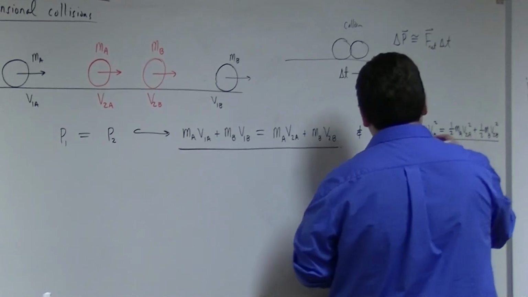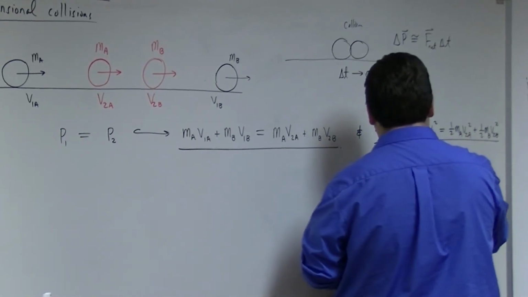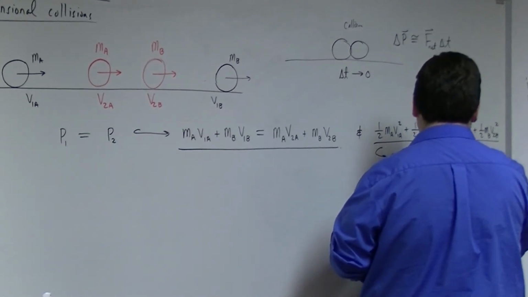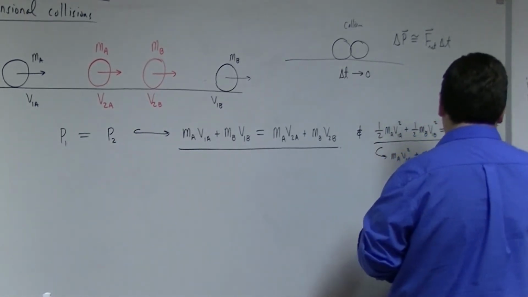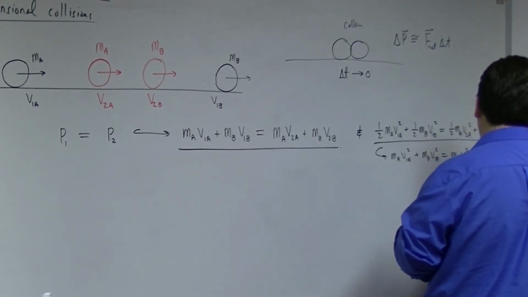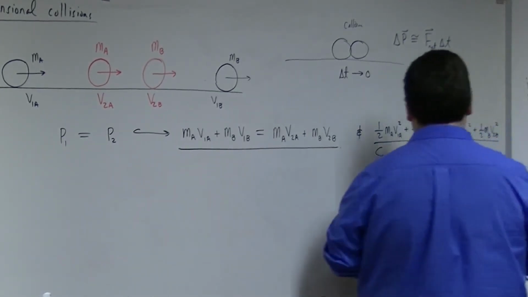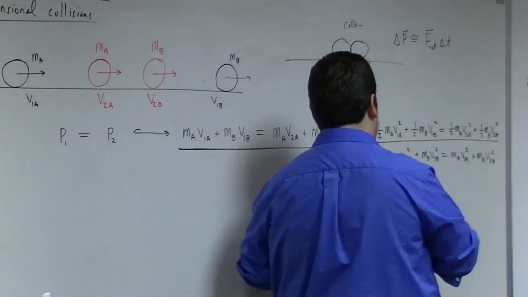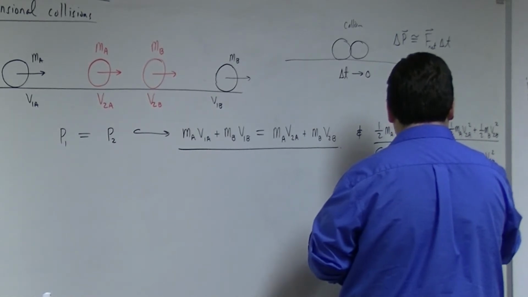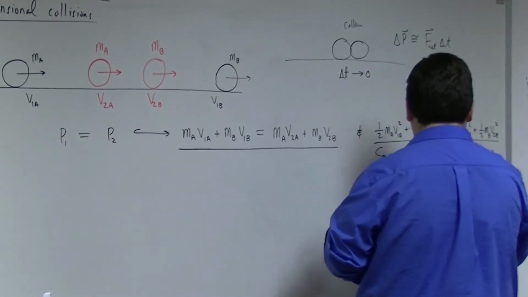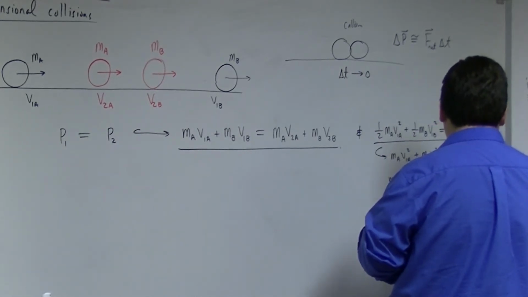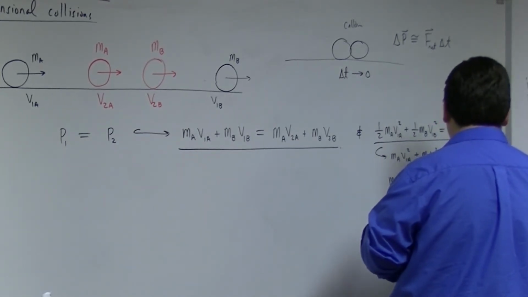So yeah, the equivalent condition would be ma v1a squared plus mb v1b squared is equal to ma v2a squared plus mb v2b squared. And I suppose if you wanted to make this cleaner, you could isolate the ma in terms of v1a squared minus v2a squared, and that's equal to mb times v2b squared minus v1b squared.